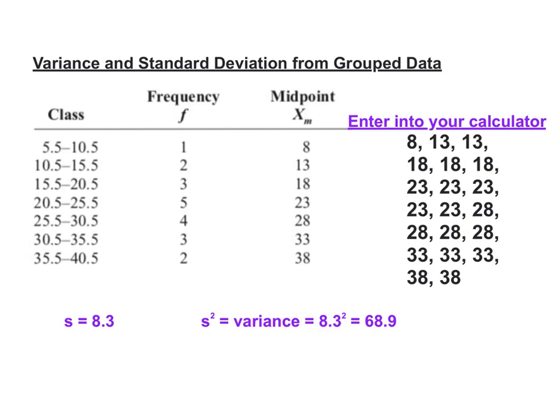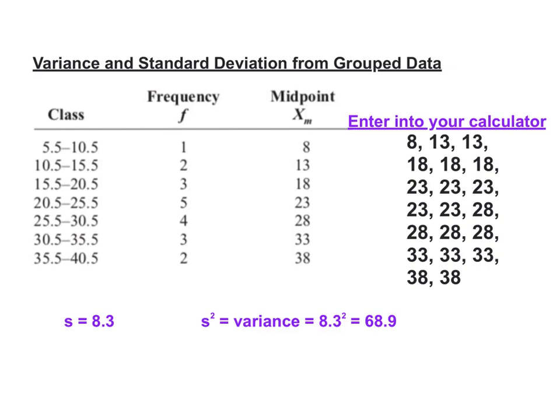Now, Chris is actually experimenting with something where it says frequency list. Now, this won't work on everybody, but we may be able to enter this table in just like this, and you assign, for example, L2 the frequency, L1 the midpoints, and when you hit enter on one variable statistics, if you assign the correct list to frequency list, it may calculate it for you.